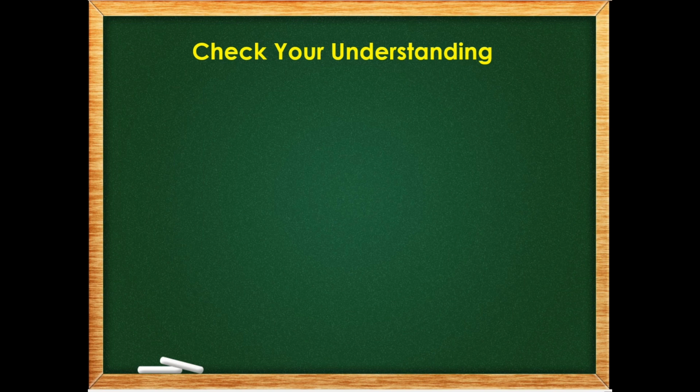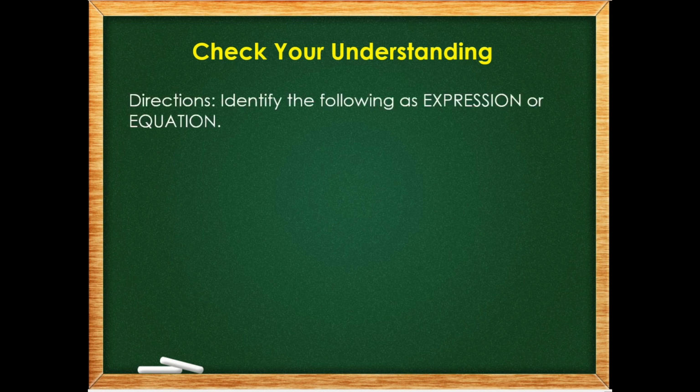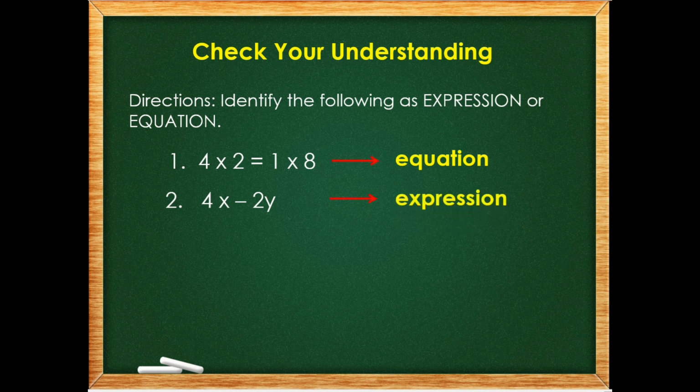Now this time, let's check your understanding. Identify the following as expression or equation. Number 1, we have 4 times 2 is equal to 1 times 8. So this one is an equation. Number 2, 4x minus 2y. This one is an example of an expression. Number 3, 10 times quantity 4 minus 2.